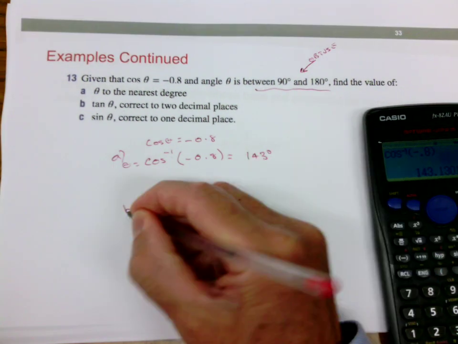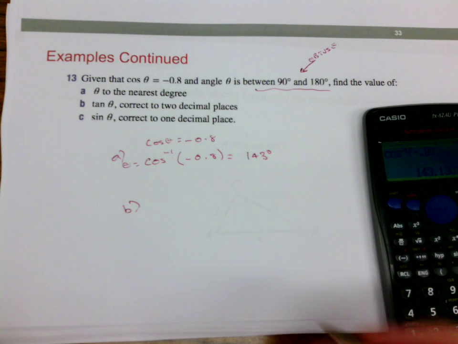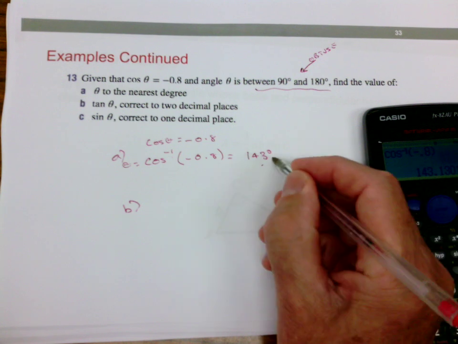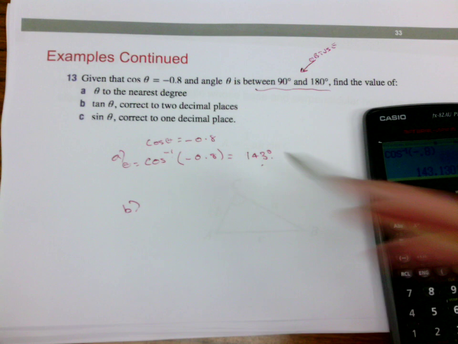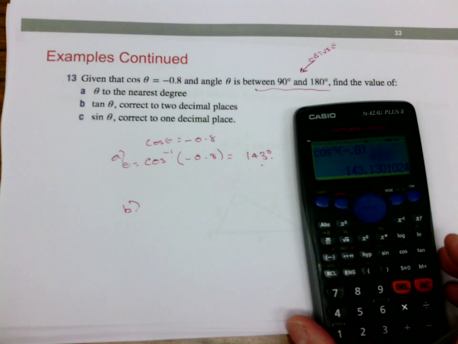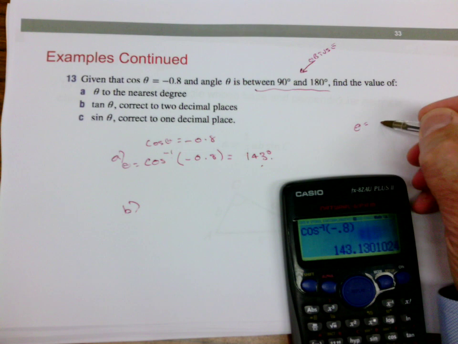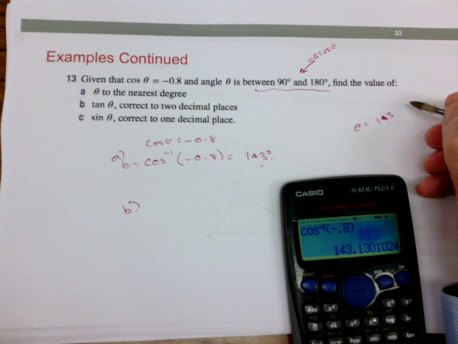Then for B, we're finding tan theta. We've now got the angle, and we'll keep all those decimal places in the calculator, so I'm keeping them on my screen. In fact, I'll write them down: theta to all the decimal places is 143.130.